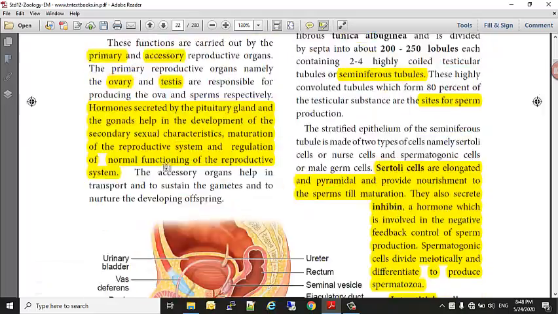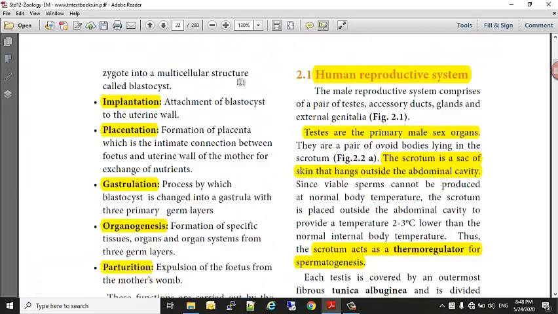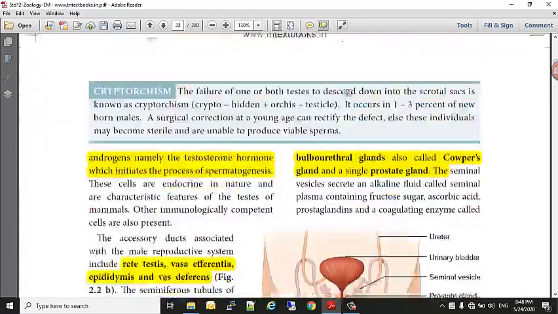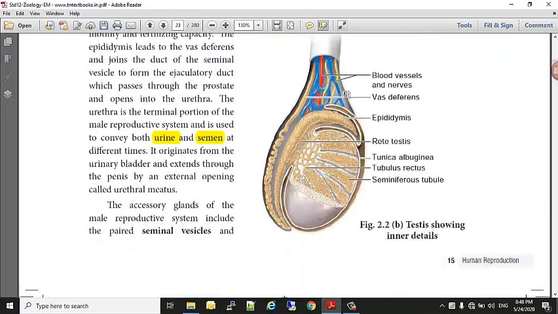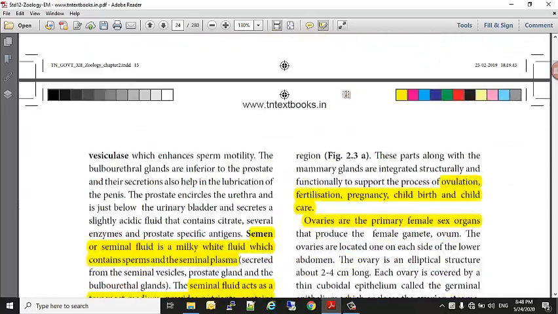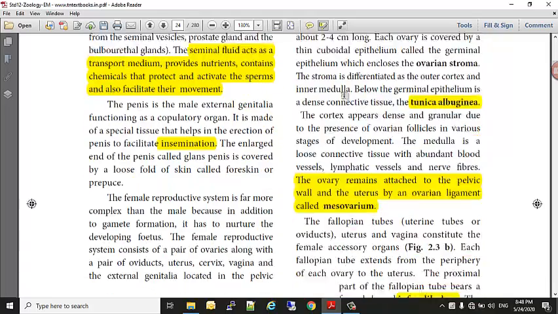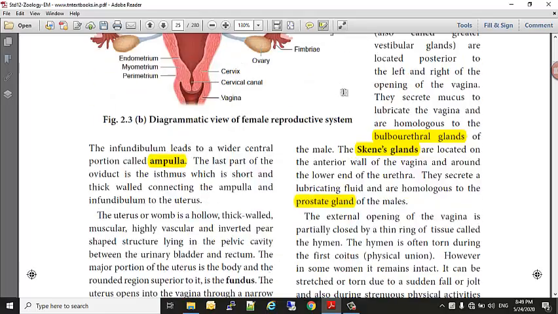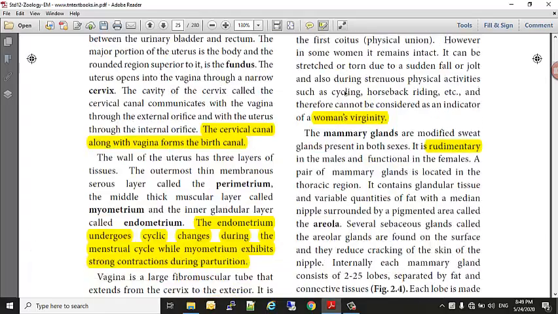We studied in detail the reproductive systems of male as well as female, the organs and the accessory glands associated with them. We have also covered some important hormones that enhance reproduction. Okay, and this is all about today's session.